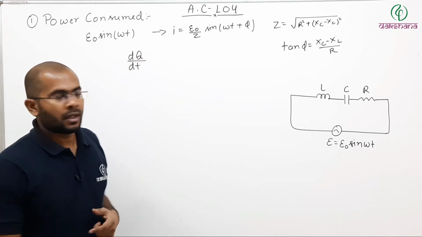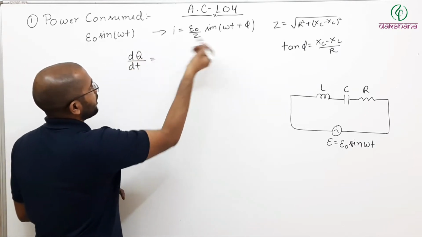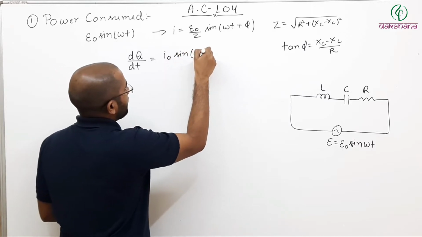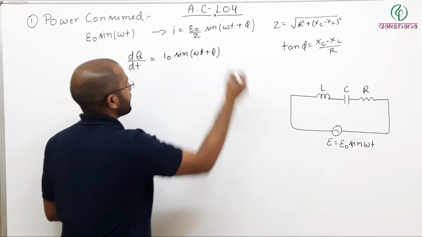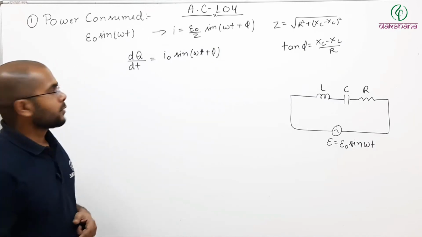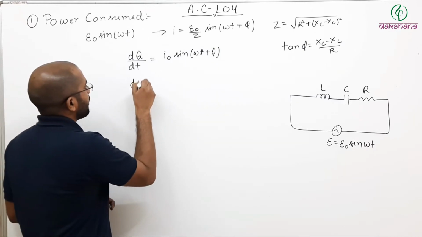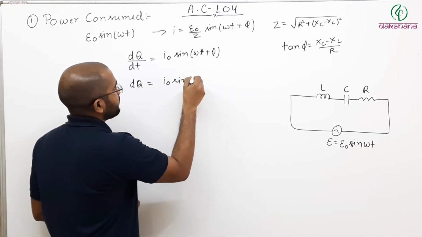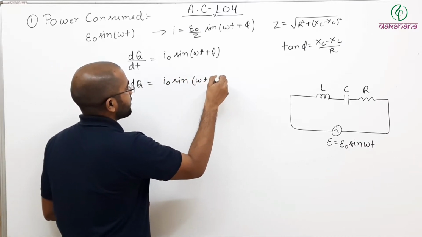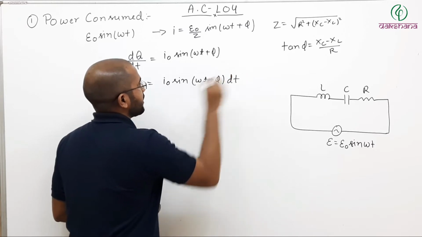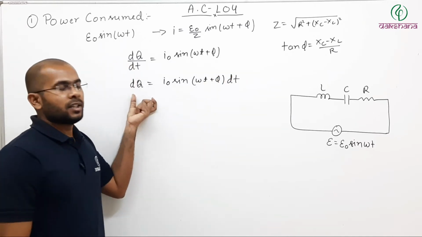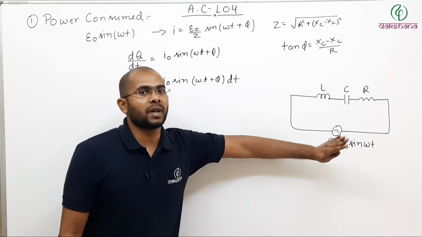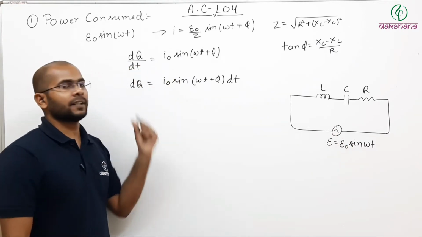So current is I naught sine of omega t plus phi, and dq is I naught sine of omega t plus phi times dt. This is the charge flowing through the AC power source in time dt.